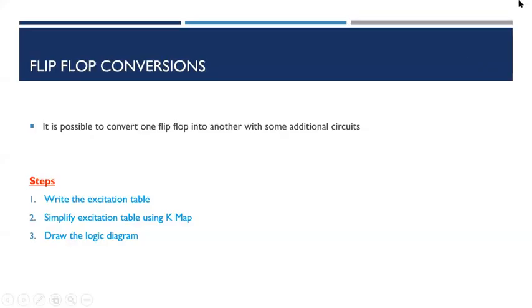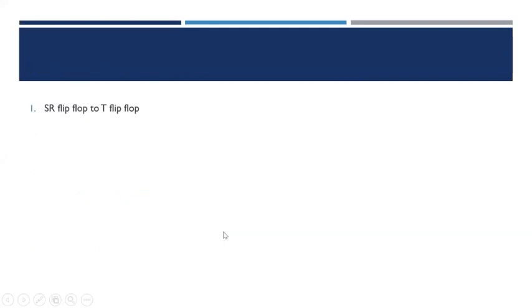One flip-flop can be converted into another one with some additional circuits, and these are the steps to be followed. Write the excitation table. Then step 2, simplify the excitation table using KMAP. Then draw the logic diagram.